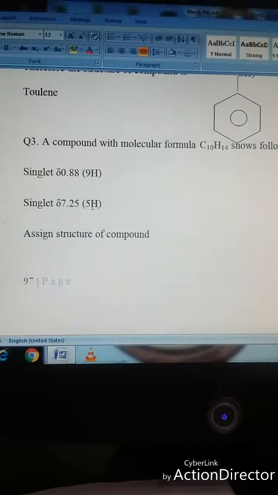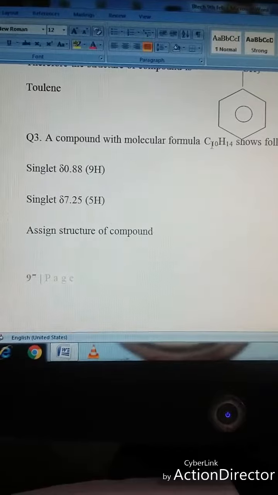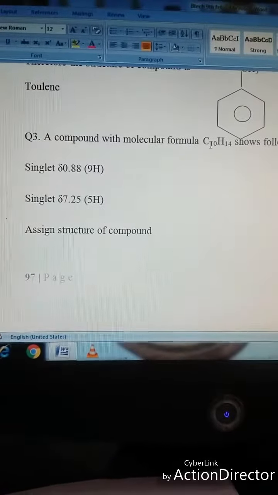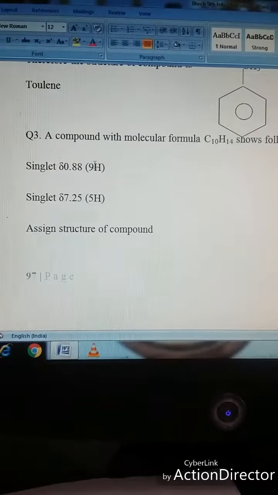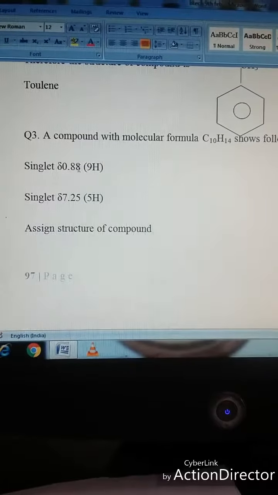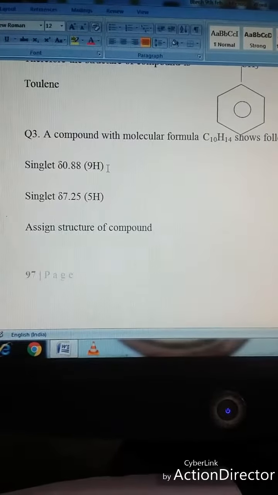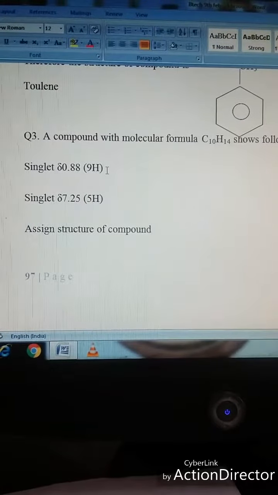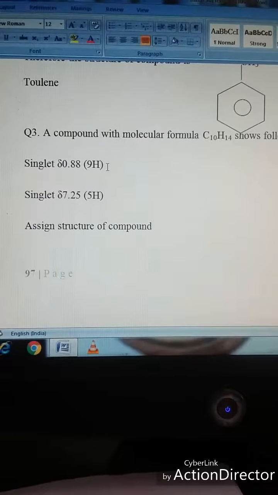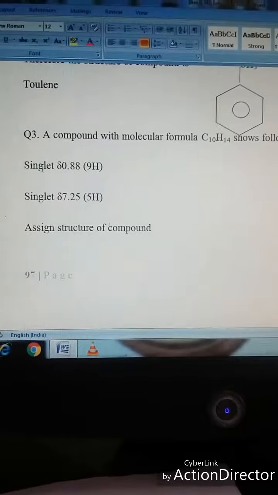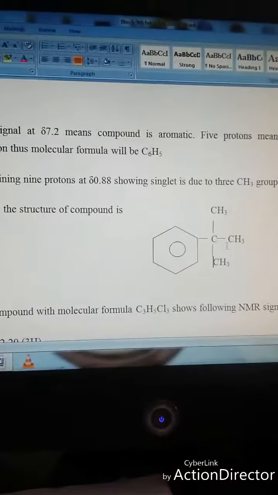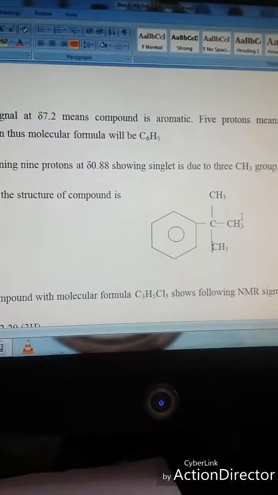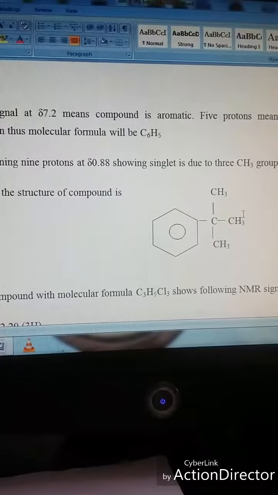It means again one substitution. So C6H5, when you subtract from here, you will get C4H9. So 9H with a singlet at 0.8 means methyl groups. So methyl means there will be 3 CH3 groups, and singlet means they are equivalent and away from each other, so you will connect them with a connector carbon. That is this. So this will be the structure of the compound.